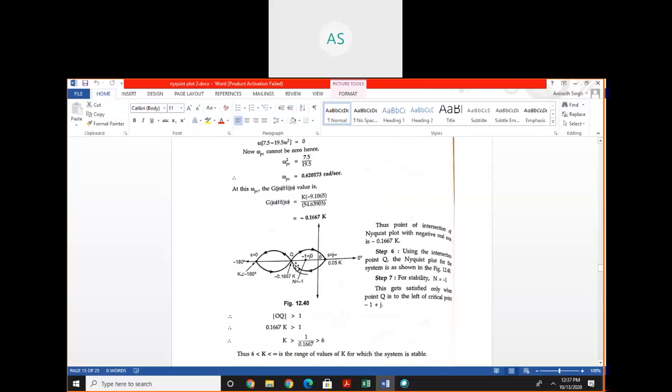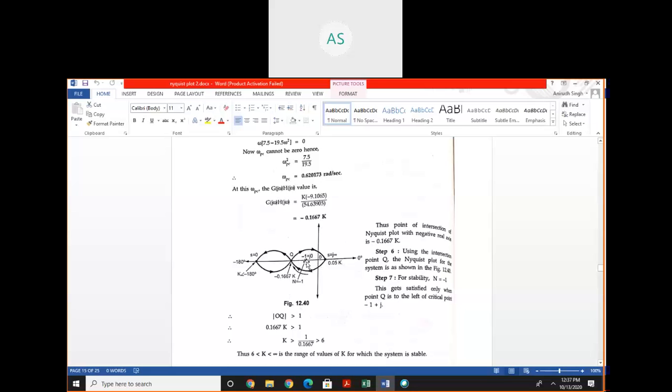For stability, N is equal to minus 1 because there is one pole on the right hand side. P is 1, it means N is equal to minus P, N is equal to minus 1.